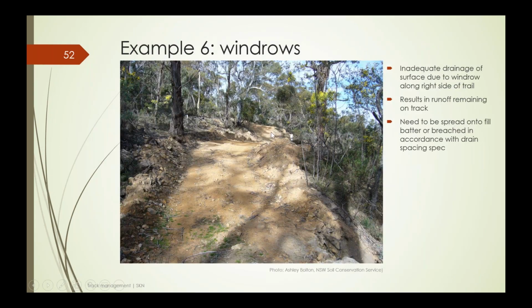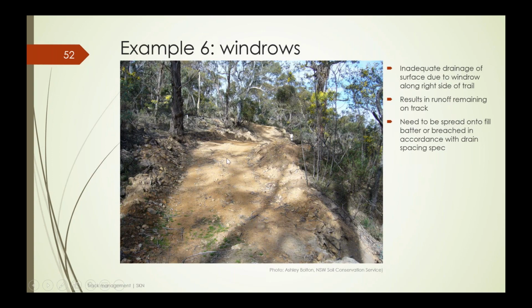Okay, I think everybody knows this issue. We've got a windrow running down the outside of the track here, so the possibility of water being directed out onto the forest compartment is being prevented, and so runoff will run all the way down the track.